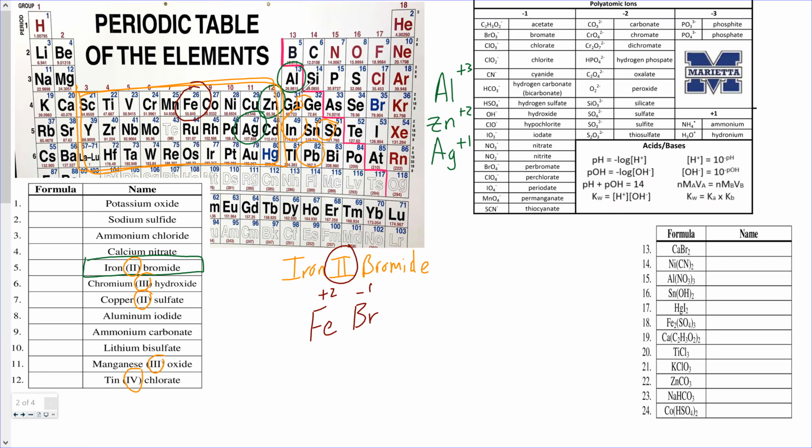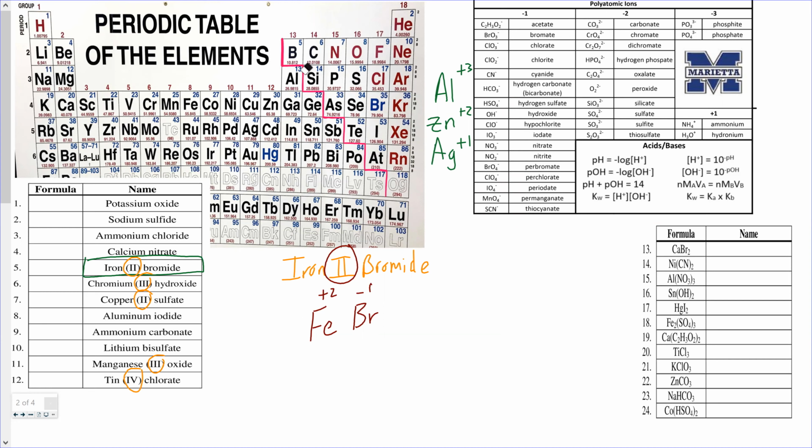Now we can get the formula for this. Charges do not equal 0 yet. Fe with a +2 charge, Br with a -1 charge. Somebody can either tell me what my end formula would be or what I need to add. Excellent.